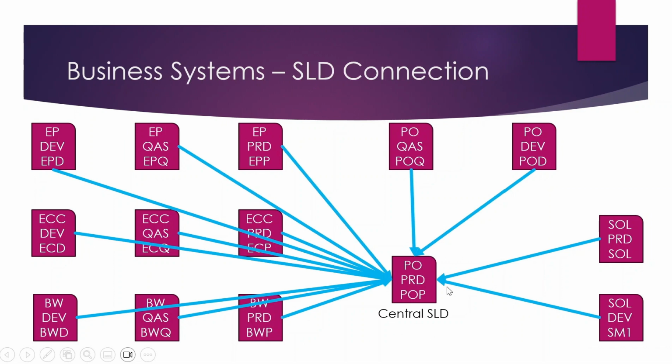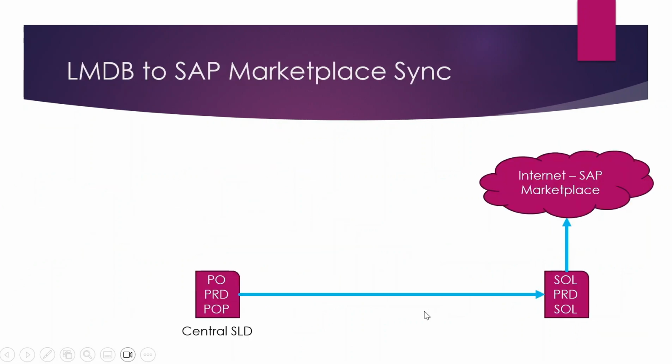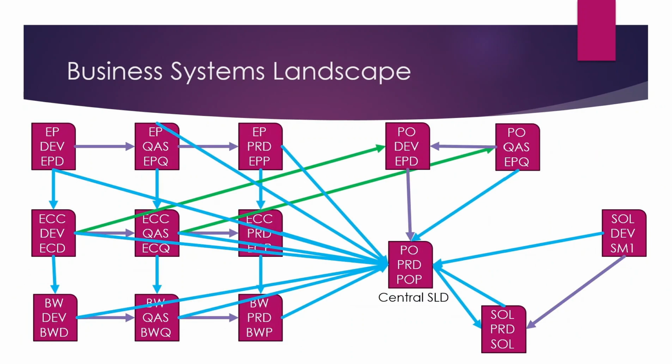I'm not emphasizing this at this point in time, but we will see it in the hands-on training. So they are connected with each other. All systems are pushing data to the central SLD, the software repository data, and all they are interconnected, and all of those together are basically called the business system landscape.